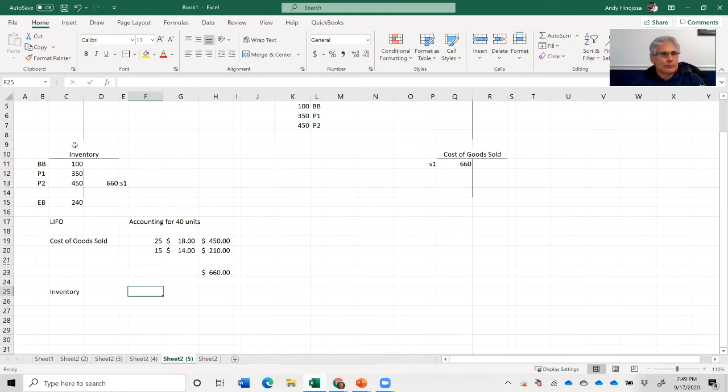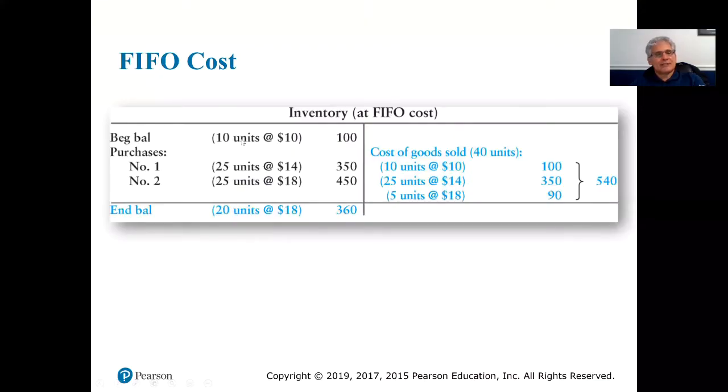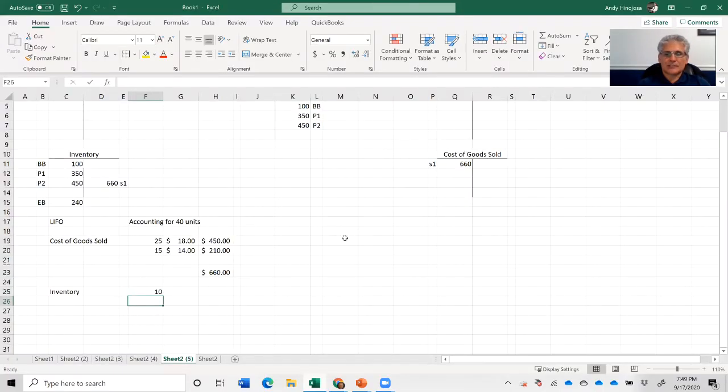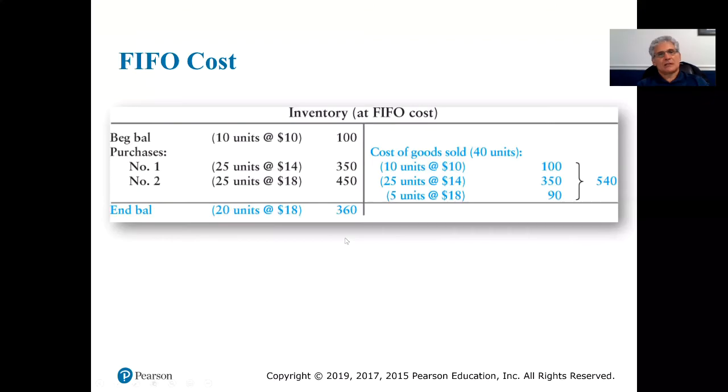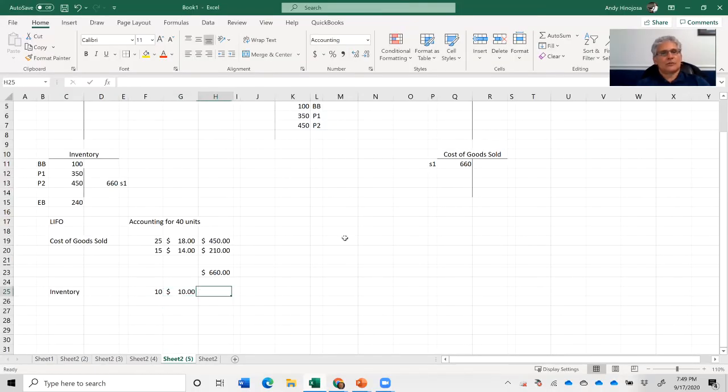The very first purchase was what we started off with, beginning inventory, and there were 10 units there. We're accounting for 20 units. So definitely that's there. 10 units times $10 gives us $100 cost.